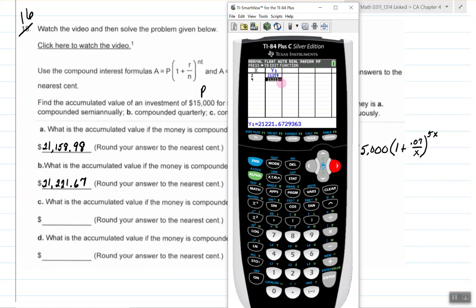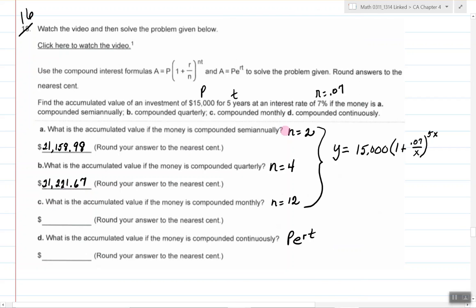You can't see the cents up here, but if you have it highlighted, you can. So now come down, back over here to X. Let's compound it monthly. Put in a 12, enter. Go over and up. This is $21,264.38.